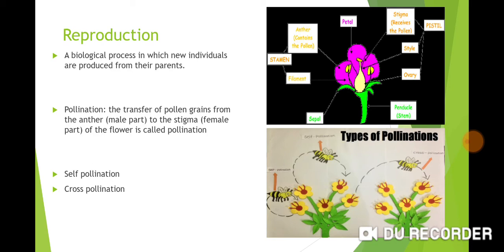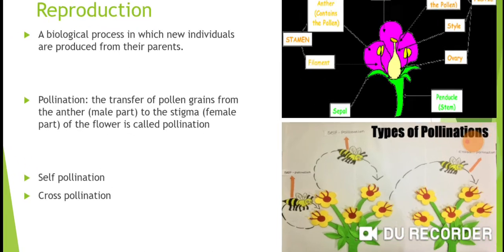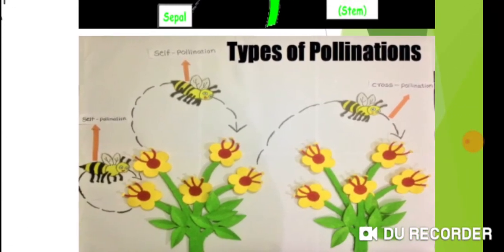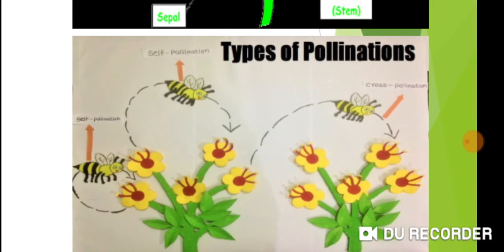I would like to elaborate it more clearly with the help of this diagram. A honeybee pollinating the same flower in the same plant is known as self-pollination. Similarly, a honeybee transferring pollen grains from a flower to another flower of the same plant is also known as self-pollination.